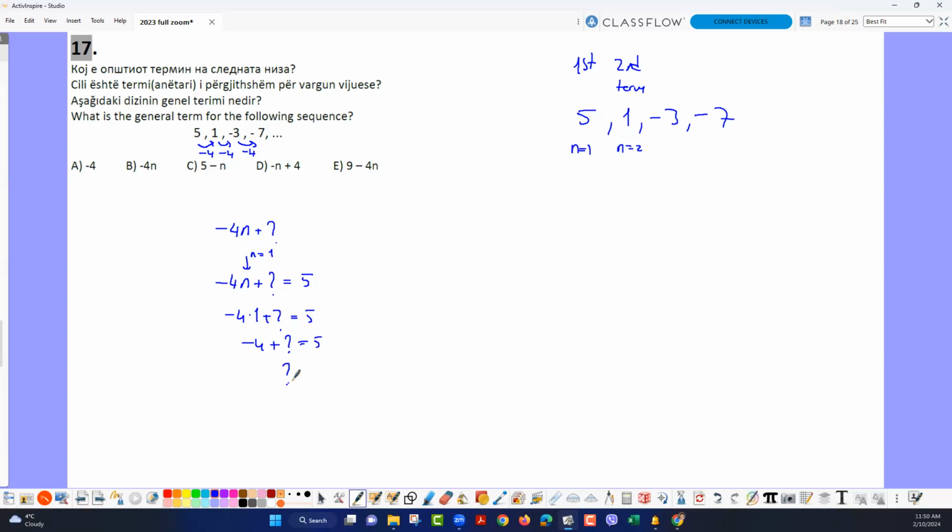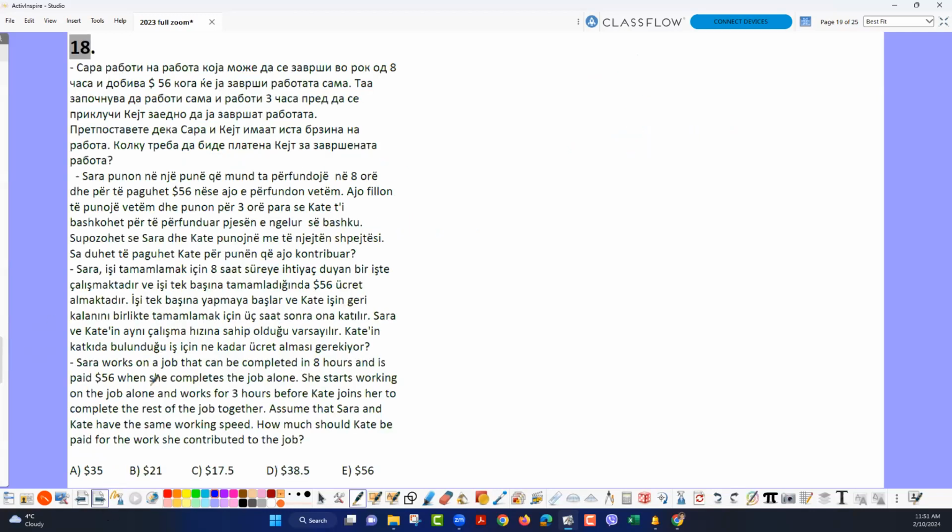Then question mark is equal to 5 plus 4, which is equal to 9. So the answer of the question is -4n plus 9, or 9 minus 4n also we can say, which is E here. Okay, I'm going to continue with question number 18.